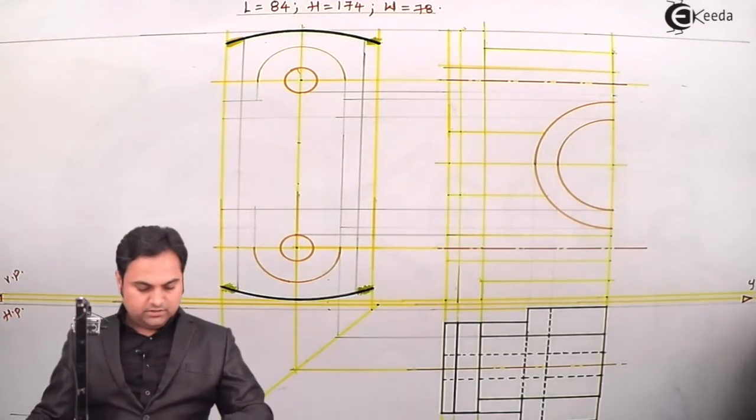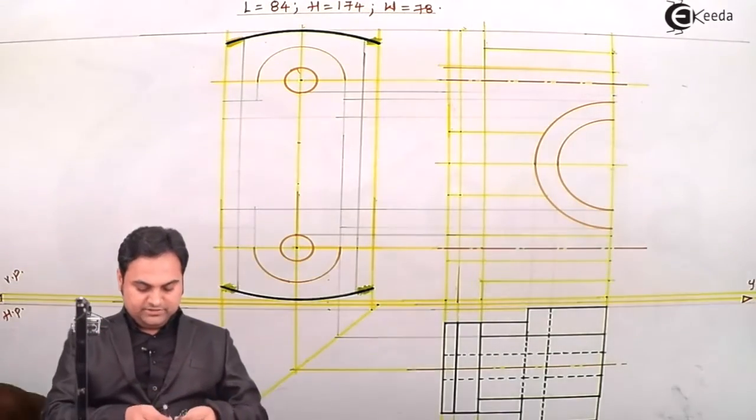I'll start making it dark, that is starting with the semicircle and the circular part.